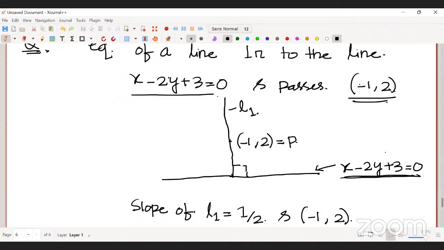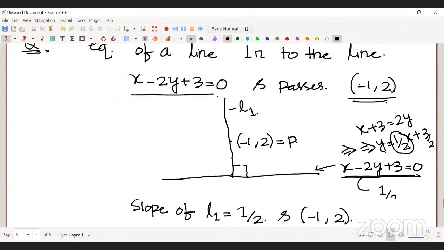Let me show. This is basically x plus 3 equals 2y, that means y is x by 2 plus 3 by 2, so the slope is half. So the slope of this line is half.